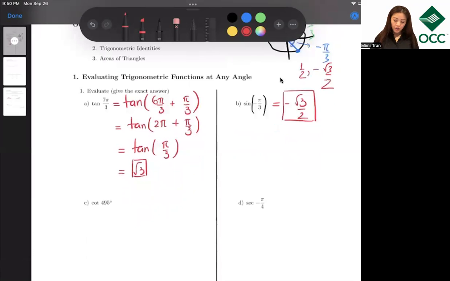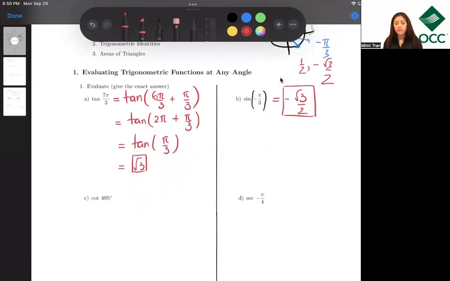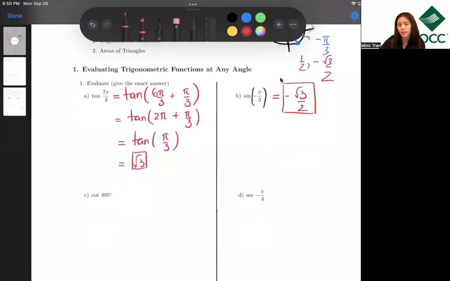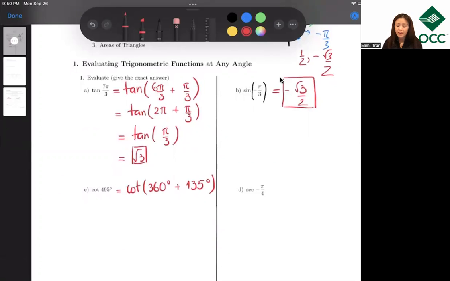Okay. Cotangent of 495 degrees. It's similar to part A, where you break it up into two angles. So here I'm going to break it up into 360 degrees plus 135. The 360 and 135 add up together to 495.